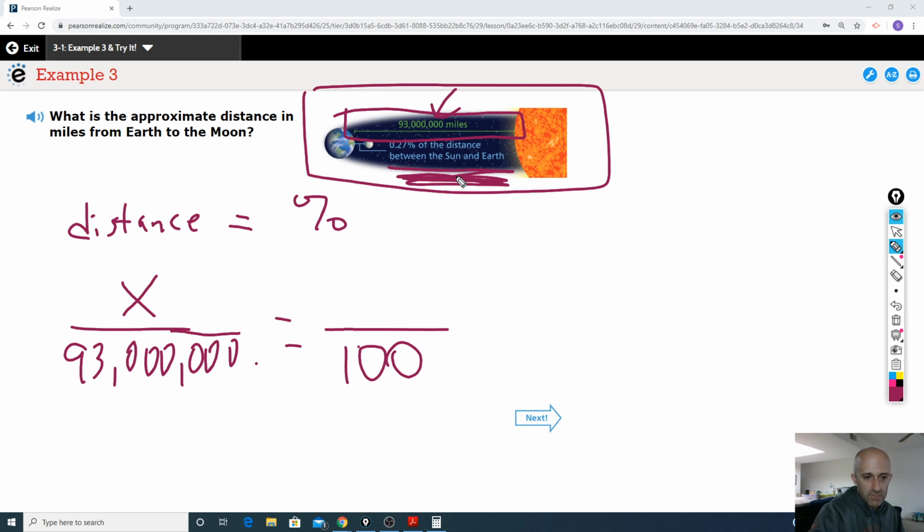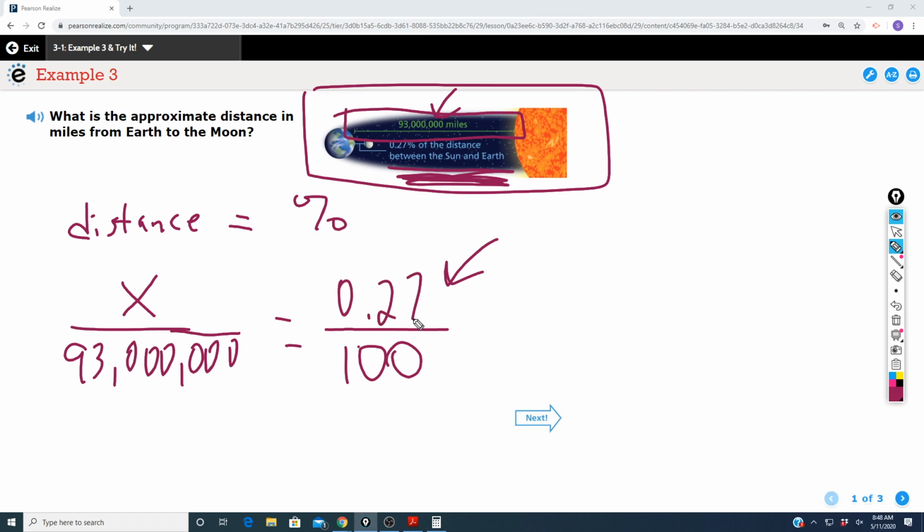So we're keeping our categories lined up like you see. On the numerator of this ratio, it's going to be 0.27, because it's a very small percent, right?